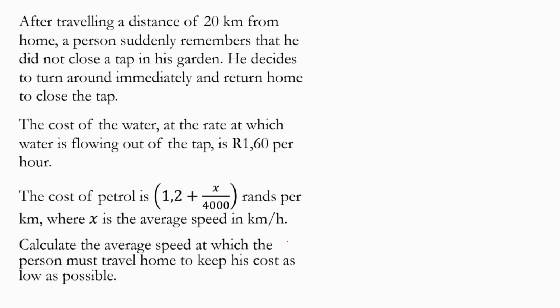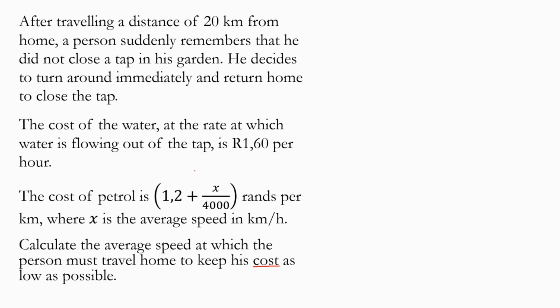Right, let's go through the information again now. We have to highlight the key points here. So we want the cost to be as low as possible. Here we have the cost of two things, which is the petrol and the water.